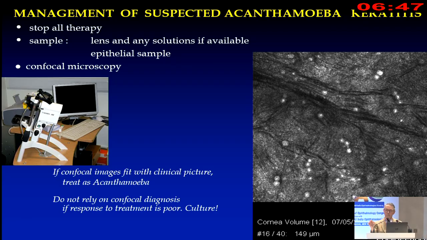If a patient has a confocal microscopy diagnosis, negative PCR and negative culture, I would be very careful in an acanthamoeba diagnosis in that patient. So if the patient does not respond to anti-acanthamoeba treatment and you only have a confocal microscopy diagnosis, think about other causes of chronic stromal keratitis. And you know them all: viral disease, microsporidia, etc. There are many.